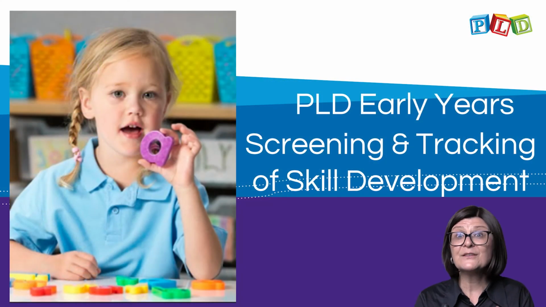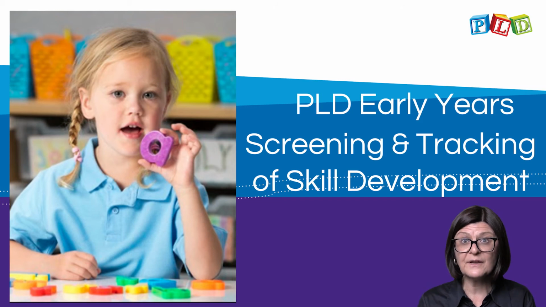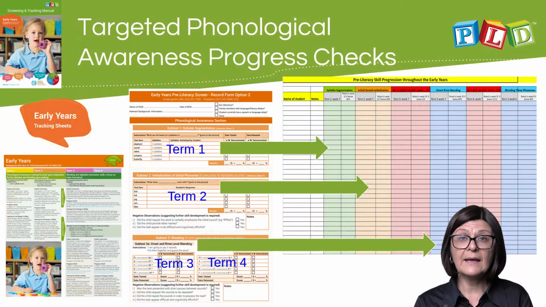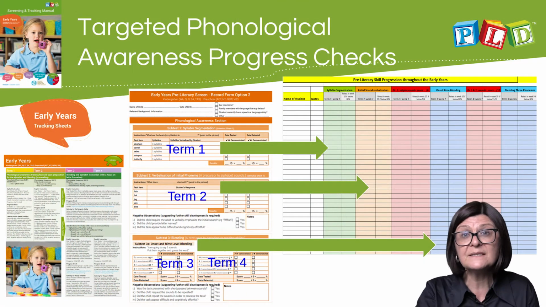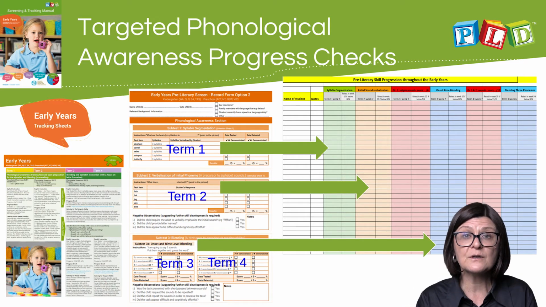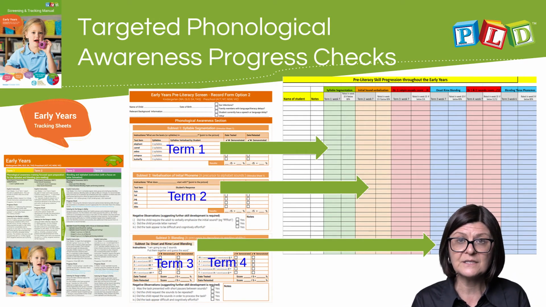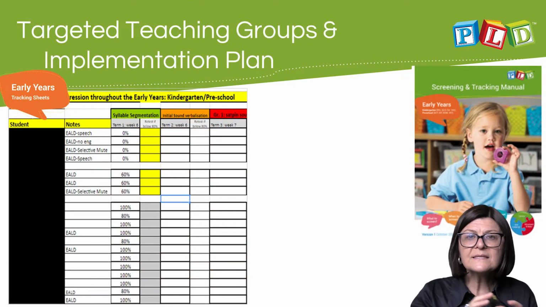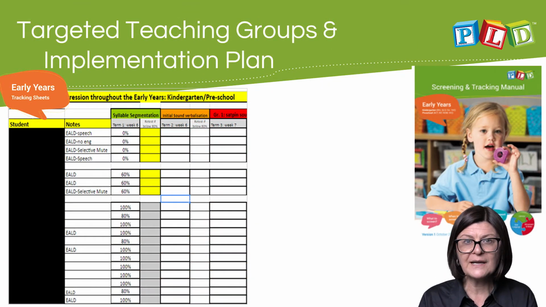As has been explained, the screening and tracking of skill development is really important to the PLD process, and the delivery of termly, mid-term and end-of-term subtests, and the transferring of the results onto the PLD tracking sheets. Now, once the scores are entered on the tracking sheets, the process isn't completed.